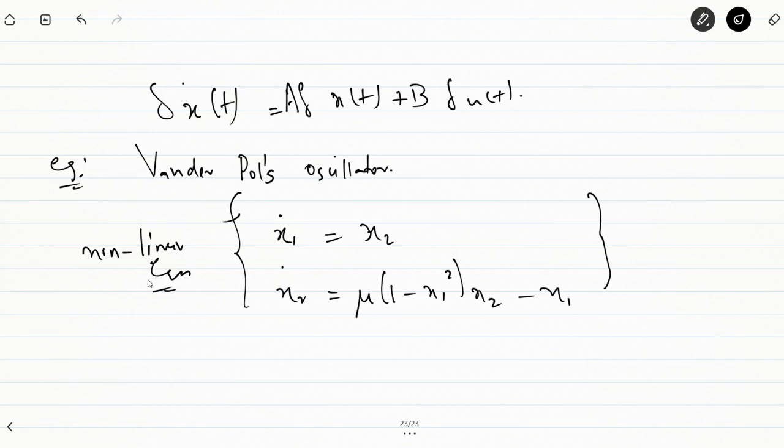To linearize this using small signal analysis, we first need to find the equilibrium points of this system by substituting x dot equal to 0. Once we substitute x dot equal to 0, you get x1 dot, x2 dot. Let's first put this in matrix form: x1 dot equal to x2, x2 dot equal to this equation.